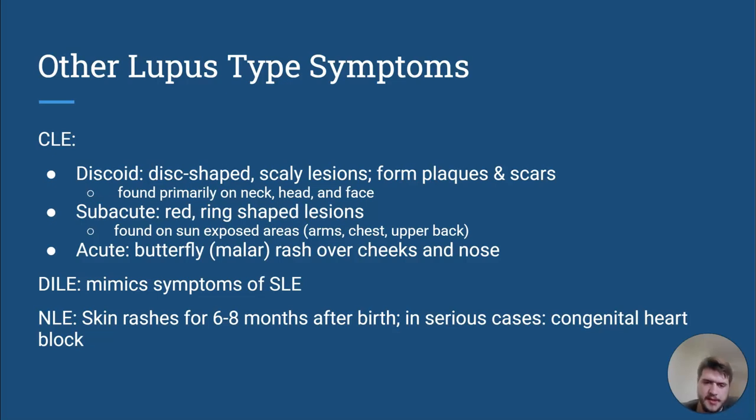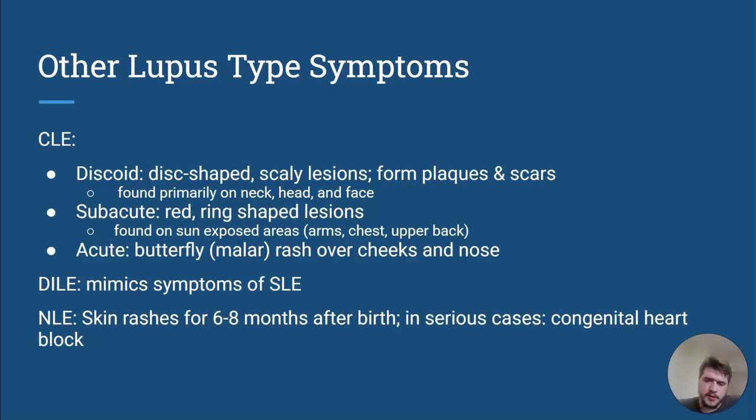So discoid has disc-shaped scaly lesions that can plaque and scar, and those will be on the neck, head, and face. Subacute has red ring-shaped lesions on sun-exposed areas like your arms, back, and chest. And then acute will have that hallmark rash. It's called the butterfly or malar rash, which was where the name lupus came from. It's on the cheeks and the nose.